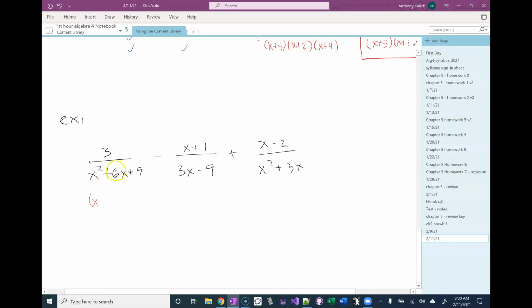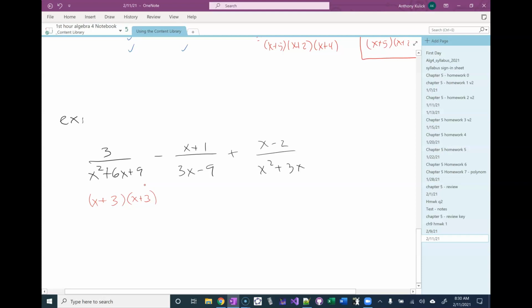Well, those would add to give us 0 and multiply to give us negative 9. Three and 2. You're getting closer. 3 and 3. Yeah. Multiplies to give us 9, adds to give us 6.